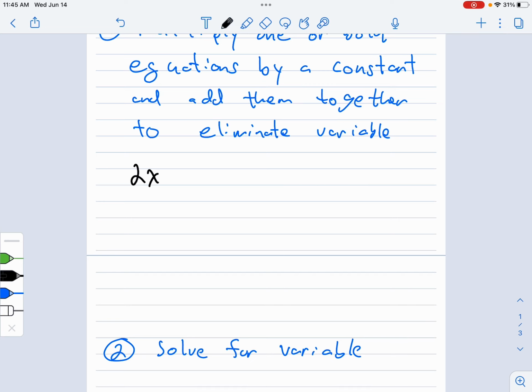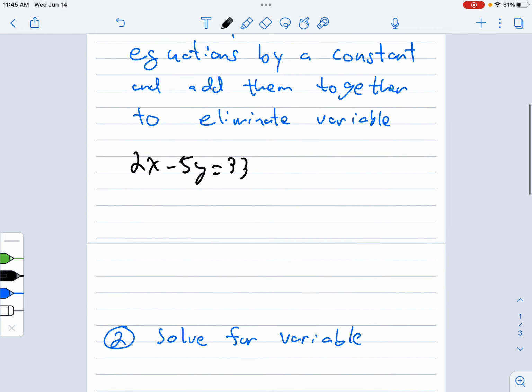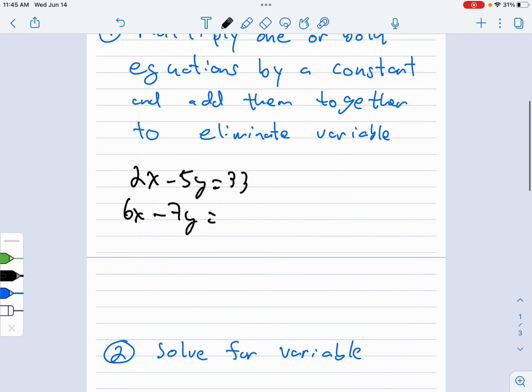So 2x minus 5y equals 33, and 6x minus 7y equals 59. We multiply the first equation by -3, and you get minus 6x plus 15y equals minus 99.